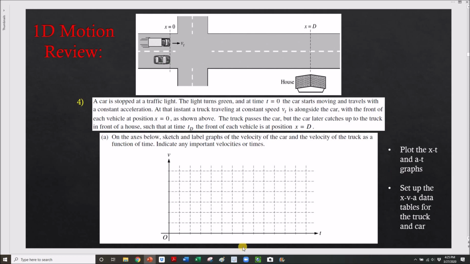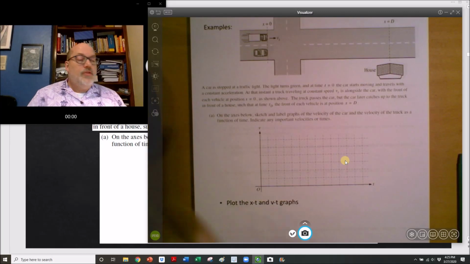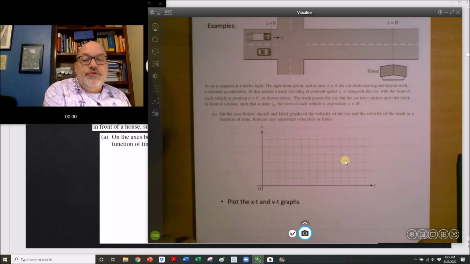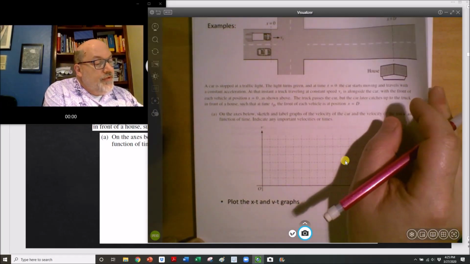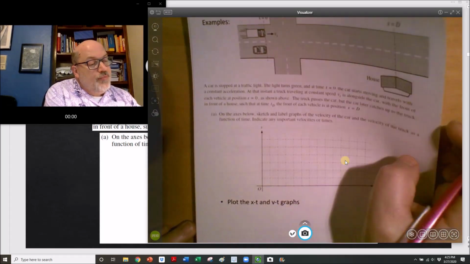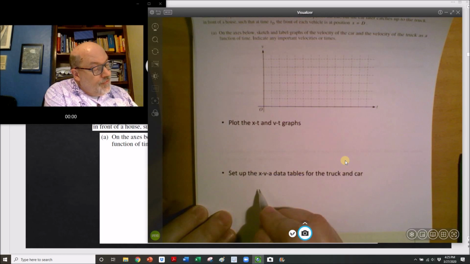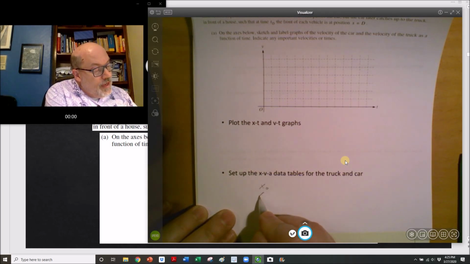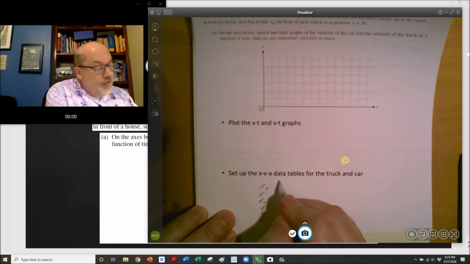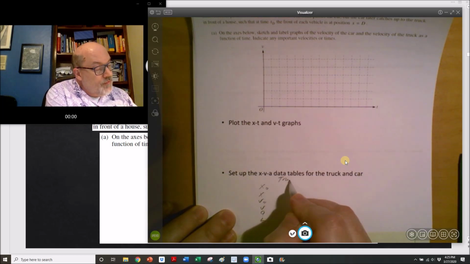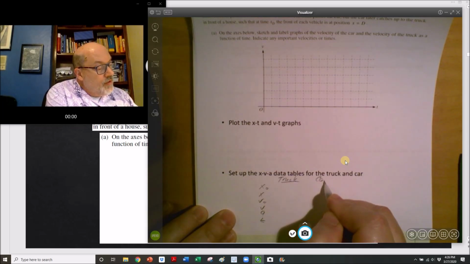All right, now that we're done, or you're done, let's take a look at the problem. So I'm actually going to do this last part first, I think. So let's set up the data table. So here's X naught, X, V naught, V, A, and T for the truck and the car.